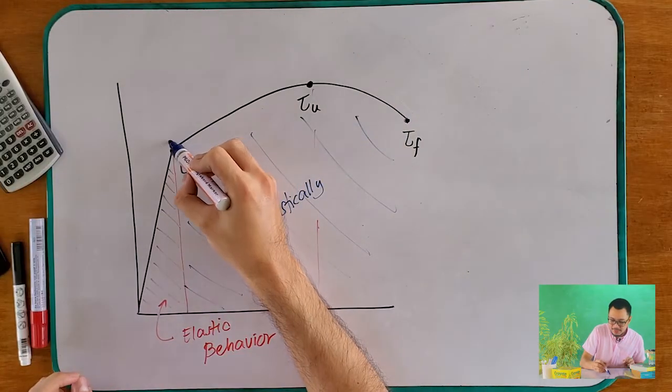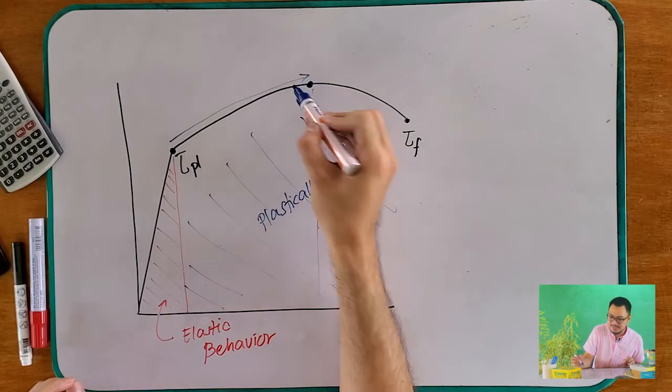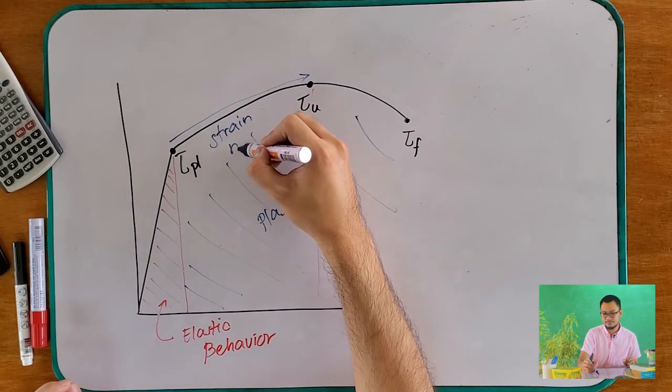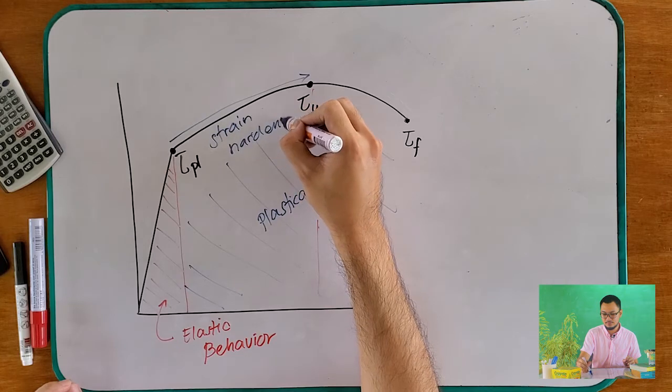So once our stress goes beyond our proportional limit, from here approaching your ultimate stress is strain hardening. Okay?